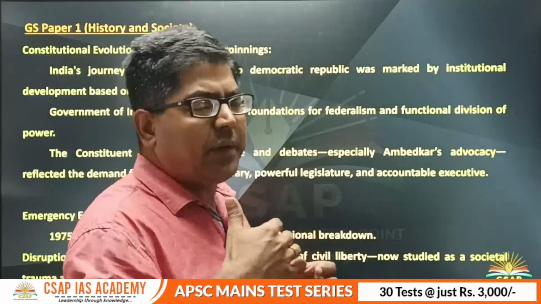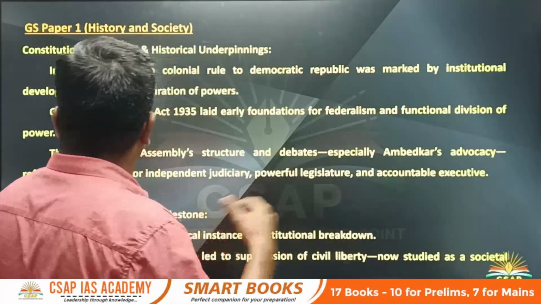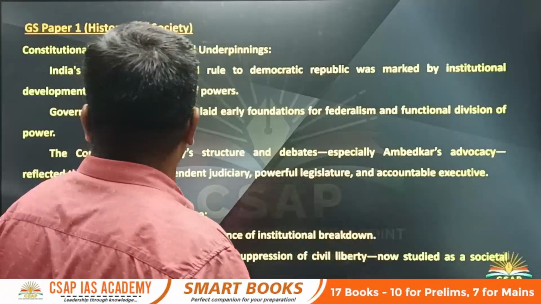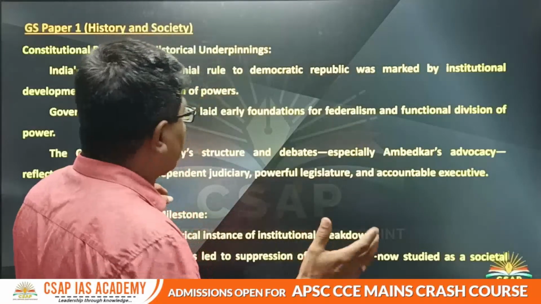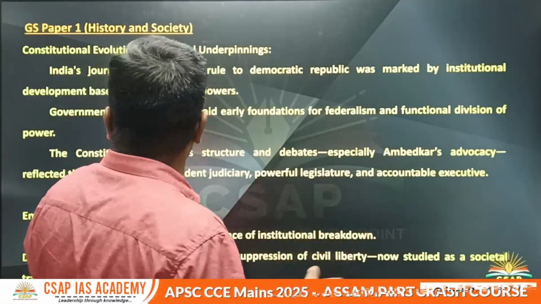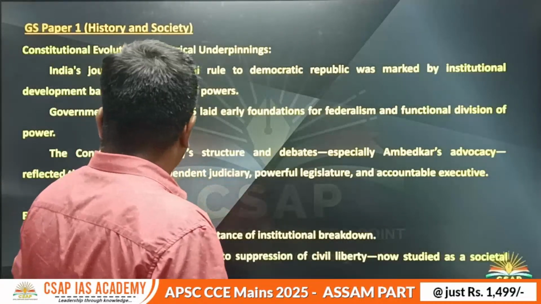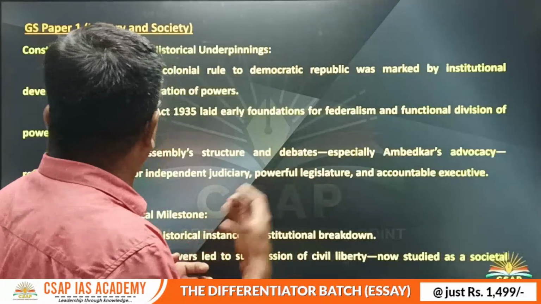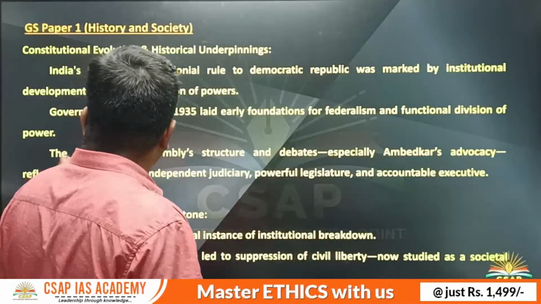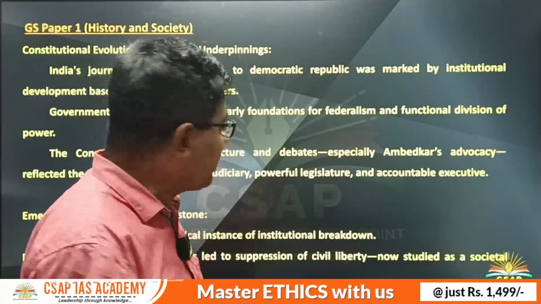For a long period of time there has been a journey in that direction, and therefore the Government of India Act 1935 laid early foundations of federalism, which I already told, and the functional division of power. The Constituent Assembly's structure and debates also reflect this, where Ambedkar specifically advocated for it. This also reflected the demand for an independent judiciary, powerful legislature and accountable executive.